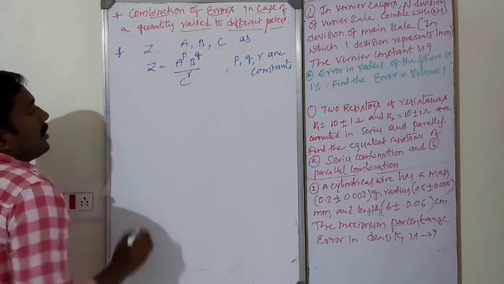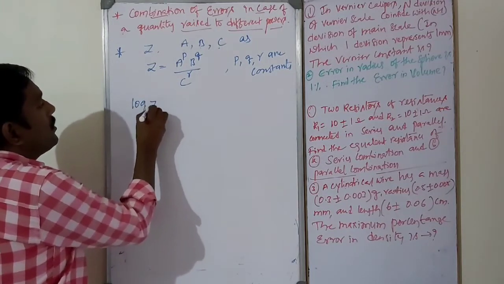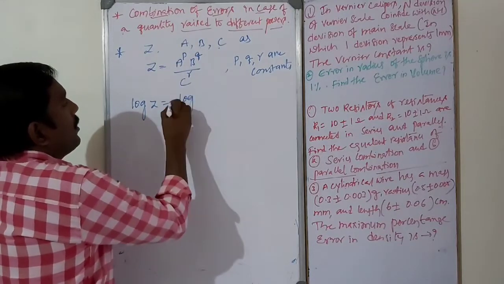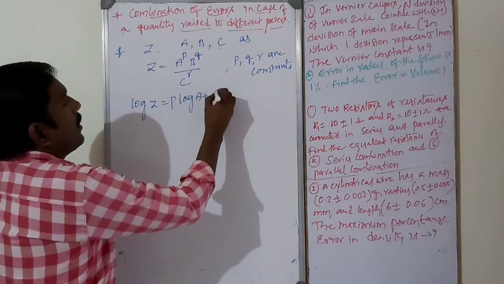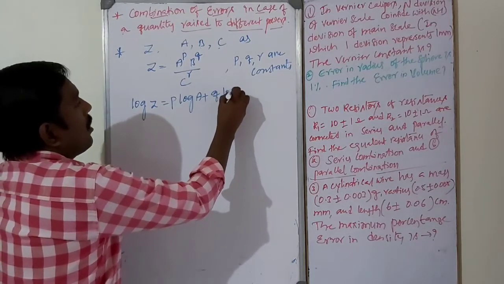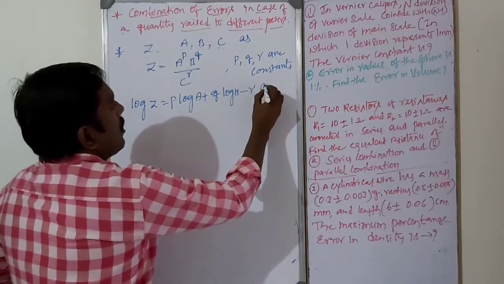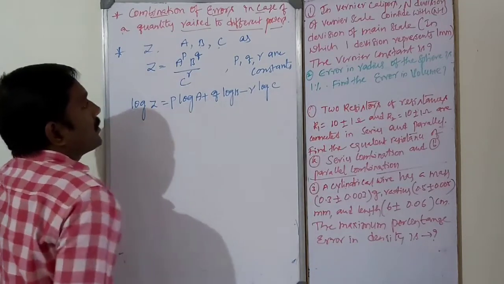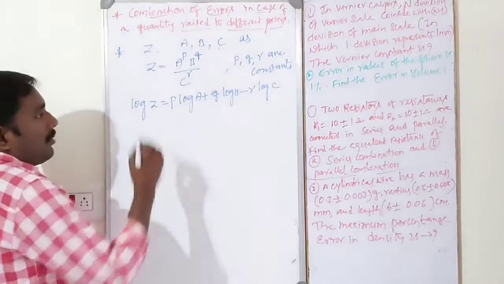So, let us start. Taking logarithm on both sides, log Z is equal to P log A plus Q log B minus R log C. Okay.